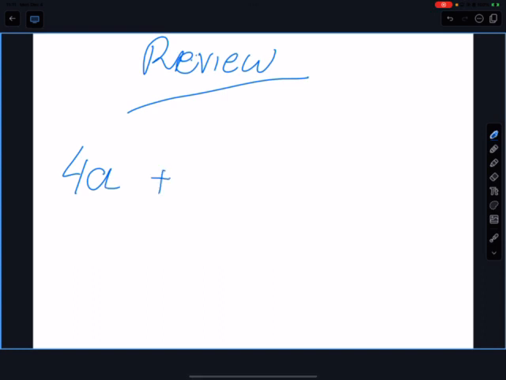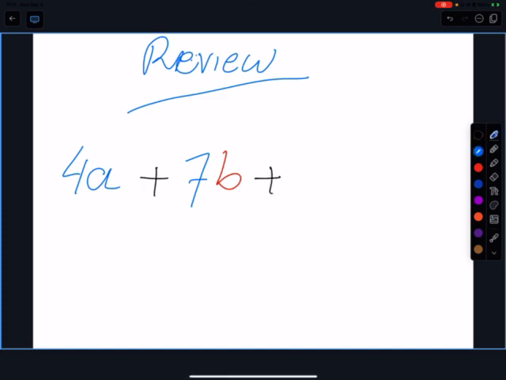So for example, if I have 4a and 7b, and 5a, you have to add the like terms together. If the variable is the same, you can add them together.